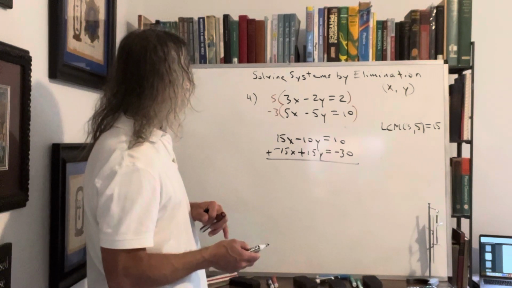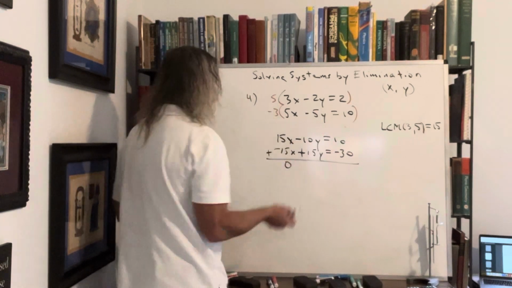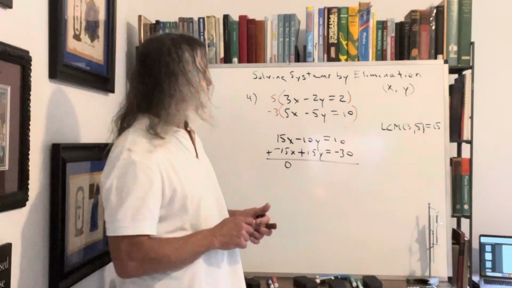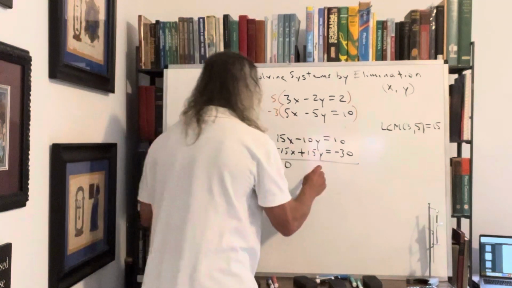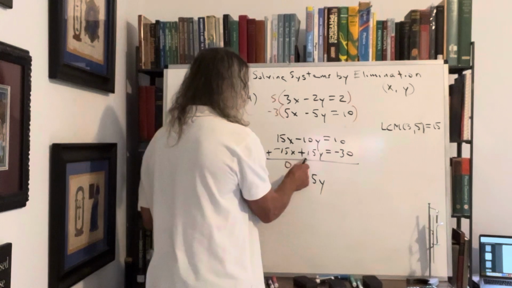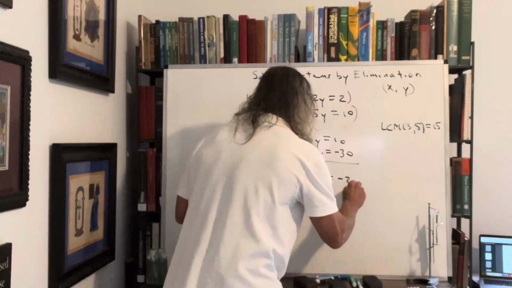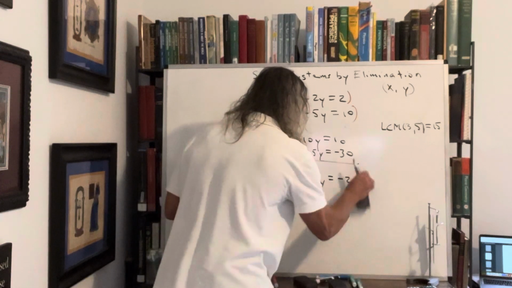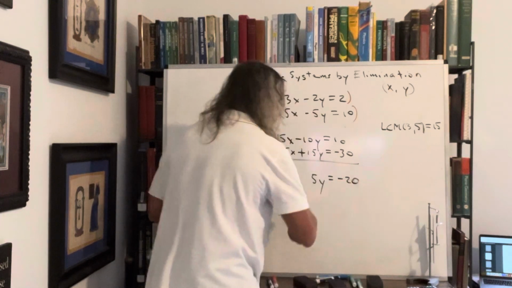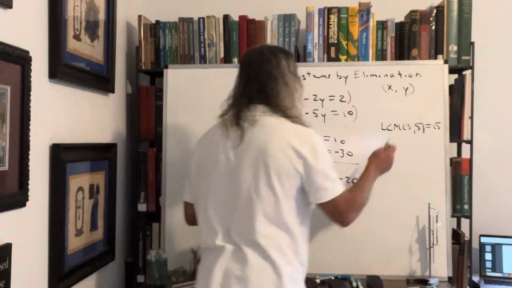Negative 15 plus 15 is negative 30. Then add down this and this, zero out, because they're equal but opposite. These are 5y, negative 10 plus 15, 10 plus negative 30, negative 20, divide by 5, negative 4.